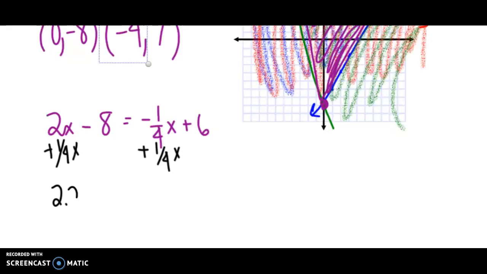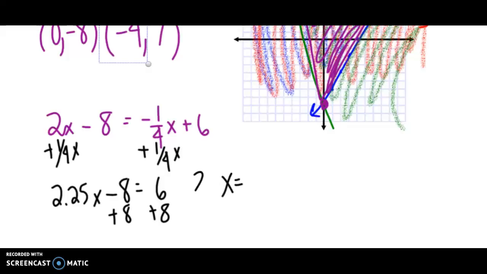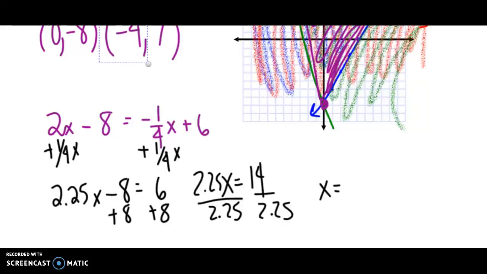I get 2.25x minus 8 is equal to 6. Add 8. I get 2.25x is equal to 14. Divide by 2.25. Find that x is equal to approximately 6.2.